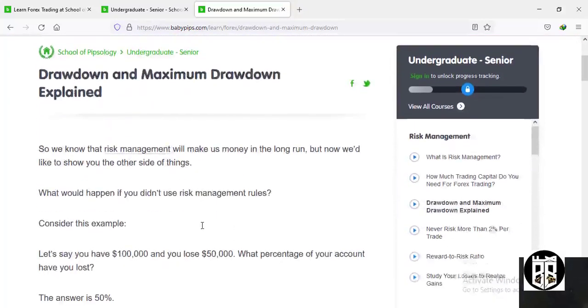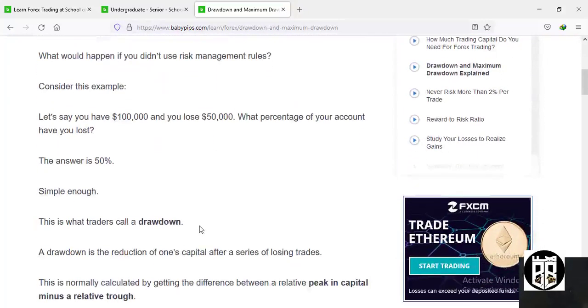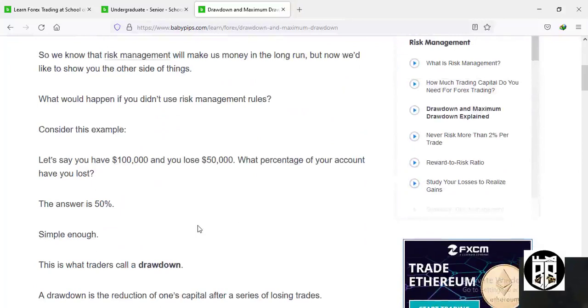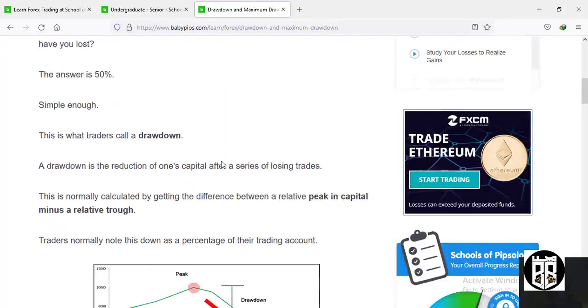So talking about drawdowns and maximum drawdown, what does this really mean? Now, if you have a $100,000 account and you lose $50,000, your account is gone half, right? Now that is drawdown.